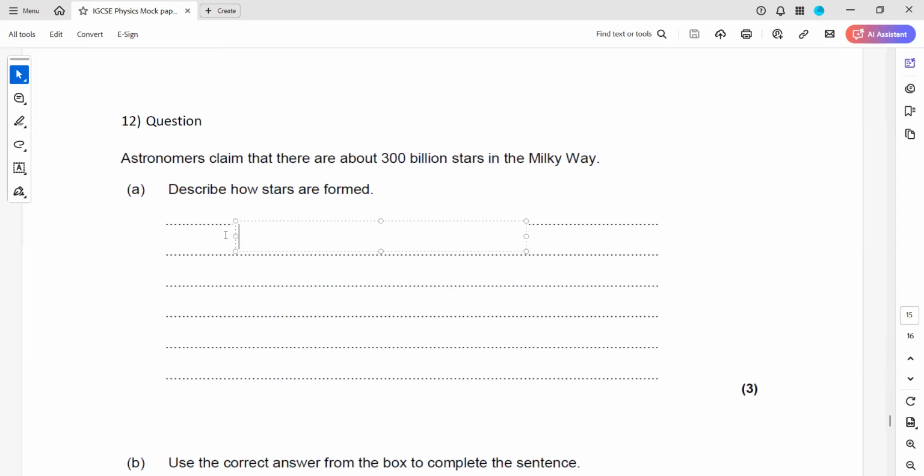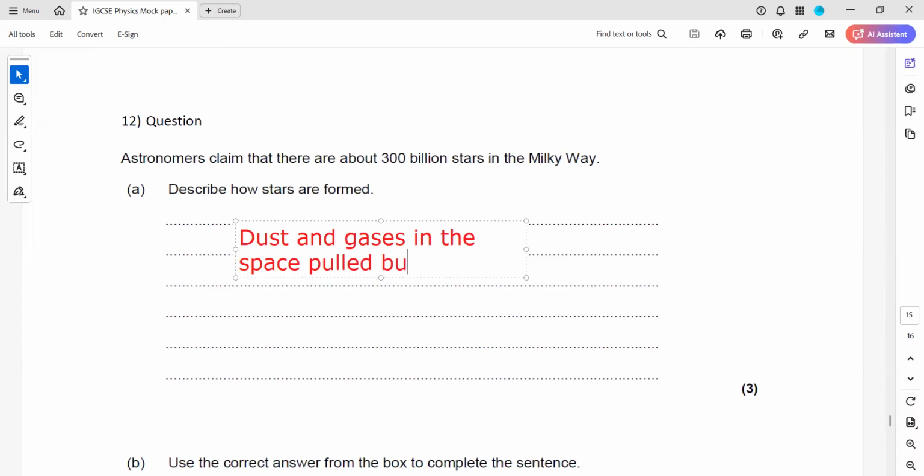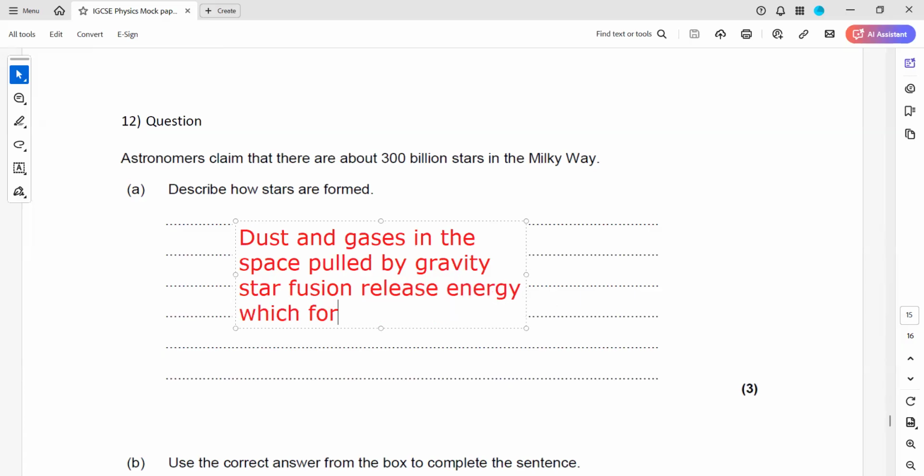So the dust and the gases in space pull together and start fusion, which releases energy, which forms a star. Just a basic idea about the formation of a star.